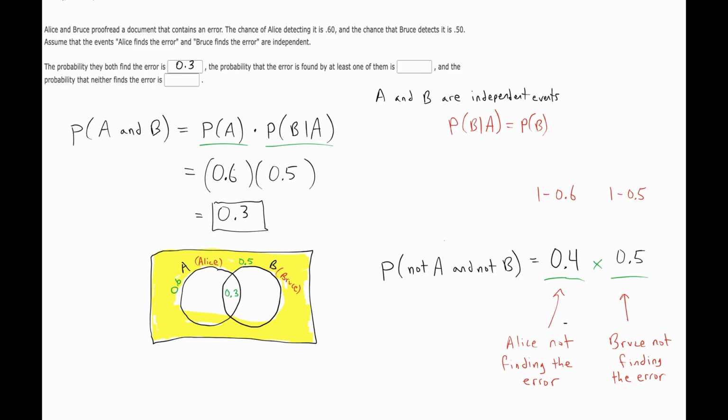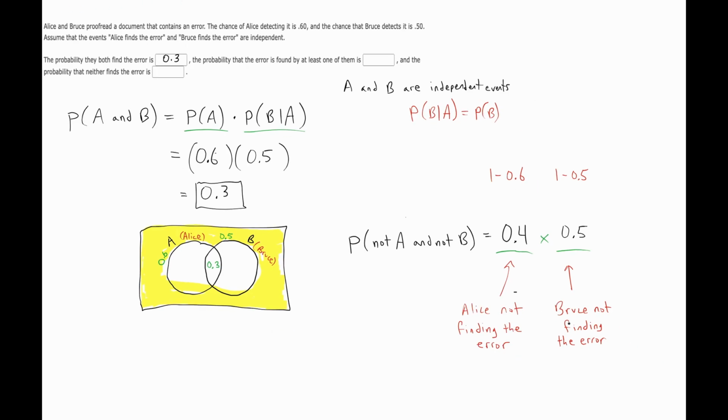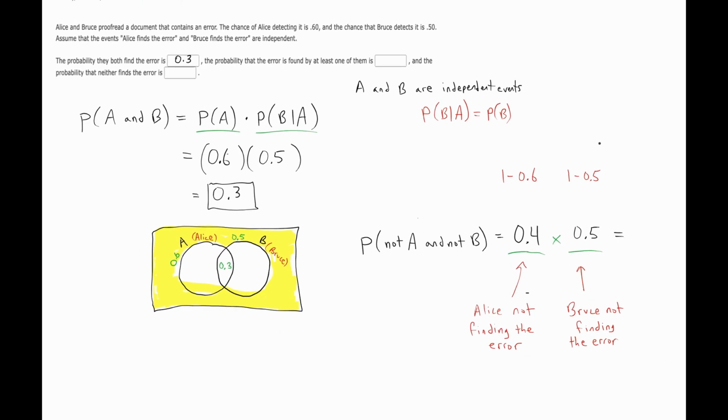And remember, they are independent, so it doesn't matter whether Alice finds it or not when it comes to Bruce not finding it. So let's see what that gives us. It gives us 0.2. Alright, so that means that the yellow region here has a probability of 0.2. That's going to go here.